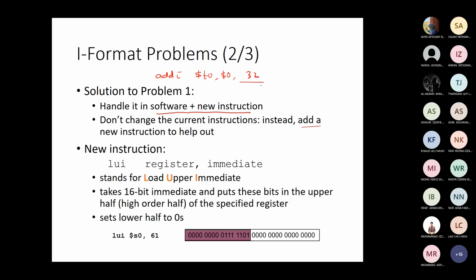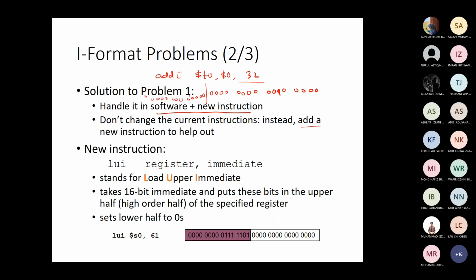The 32 will be in 16 bits, so 0000 0000 0010 0000 like that. It will be on the lower half of the register. So the upper half here was not used.